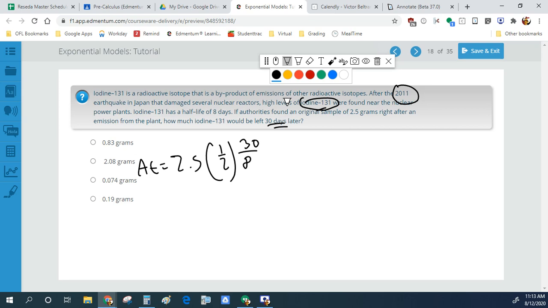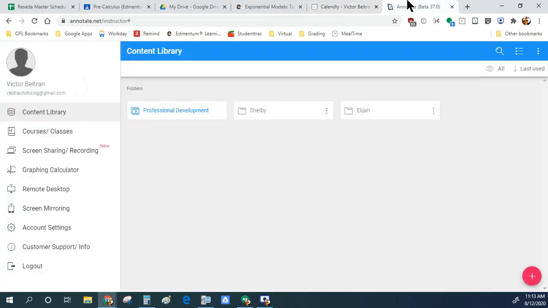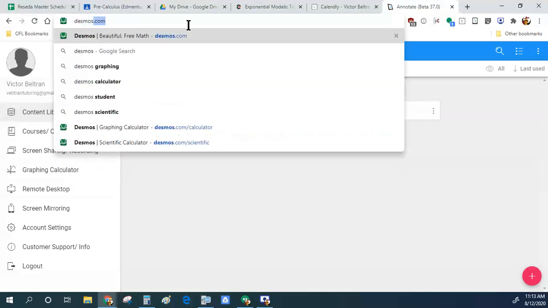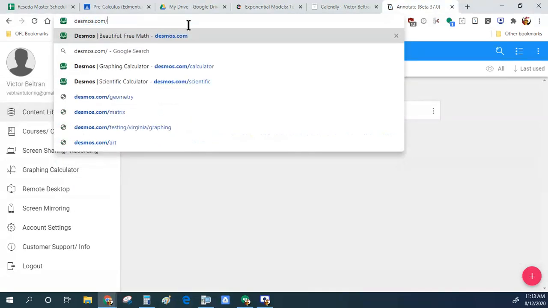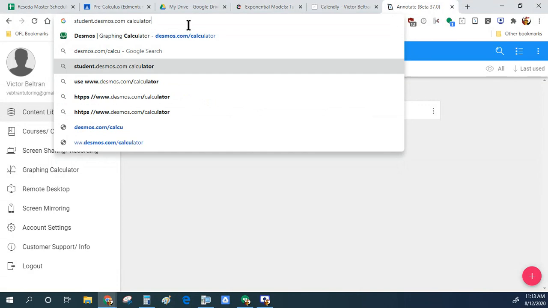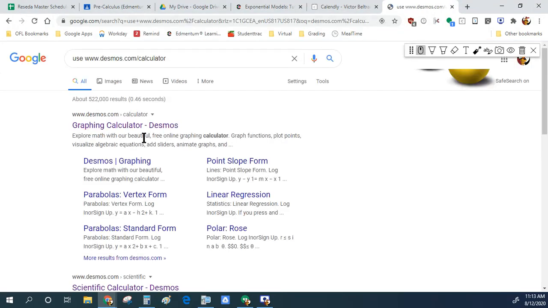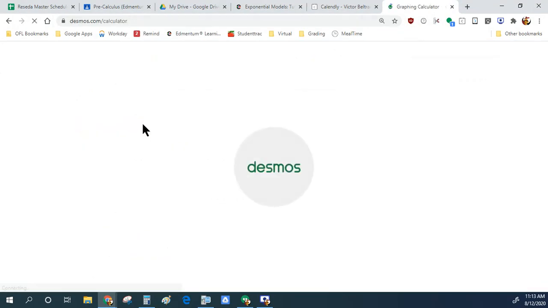So what we're going to do here is, you want a scientific calculator? Let me turn my scientific calculator on. It usually takes a while. Desmos has a scientific calculator, if I'm correct. Desmos.com calculator. So in case you don't have a scientific calculator at home, I think Desmos does have.